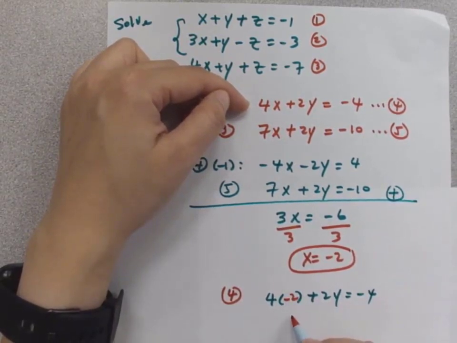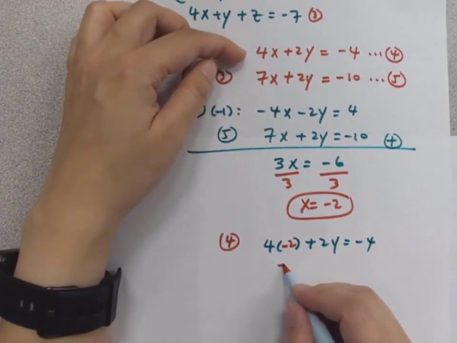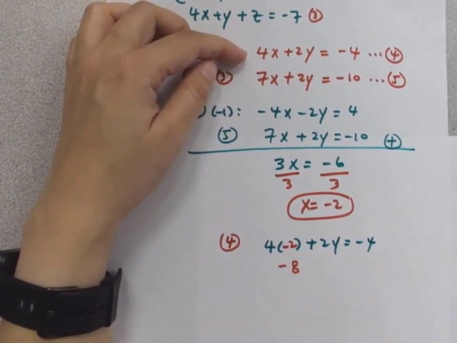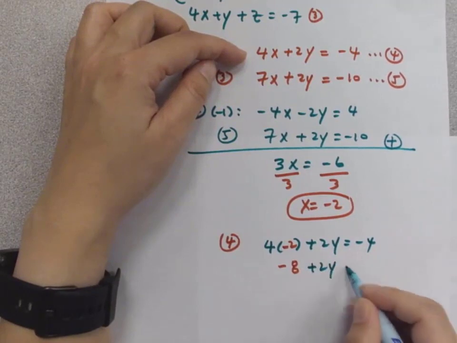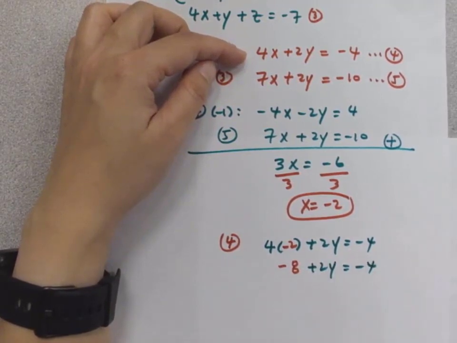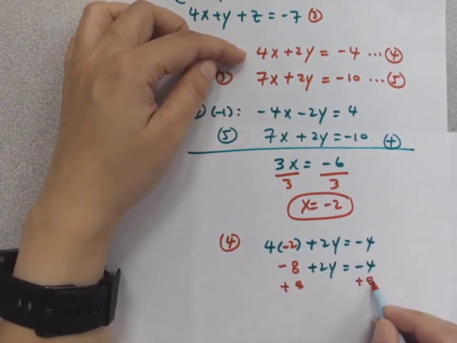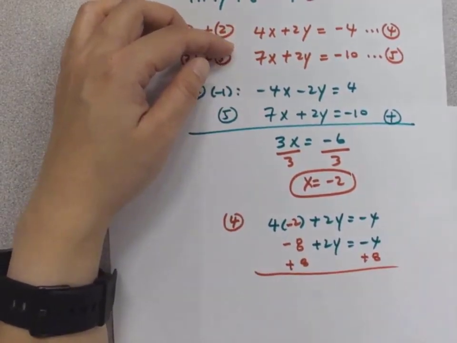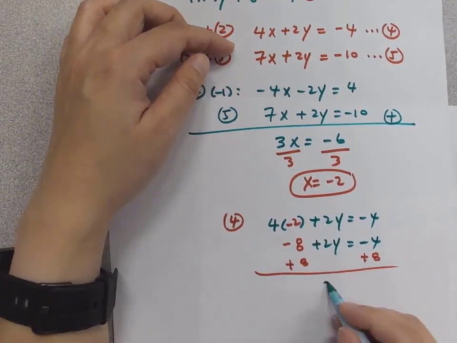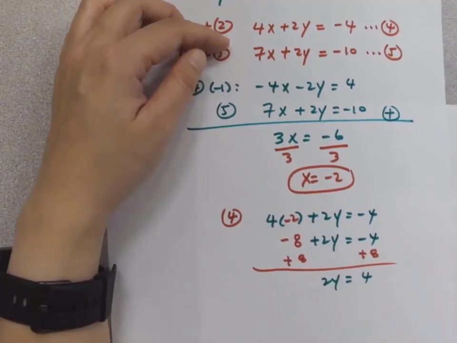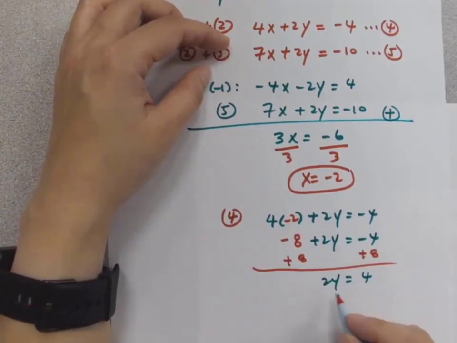So that would be -8 plus 2y. And then add 8 to both sides. 2y equals 4. Okay, hold on. Too fast. So 2y equal to positive 4 and y equal to 2.